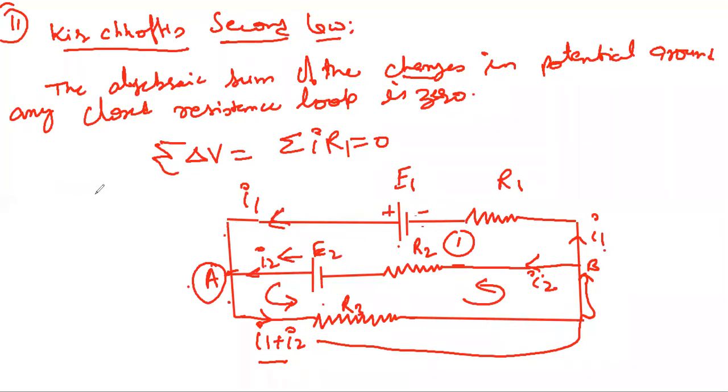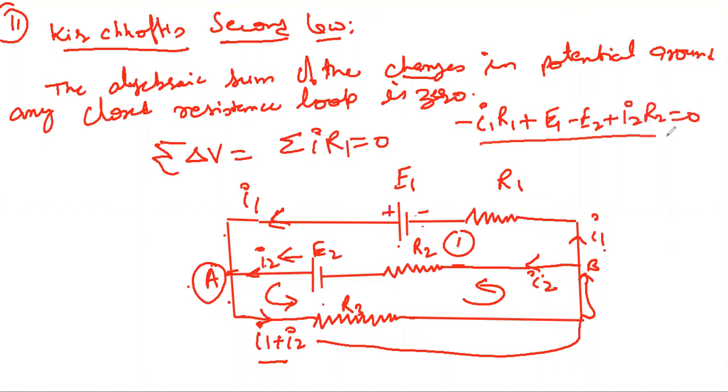So for loop 1, what will be there? Minus I1 R1 plus E1 minus E2 plus I2 R2. This will be 0. This is for the first loop. We have written, no, sum of delta V is equal to sum of I R. Yes.